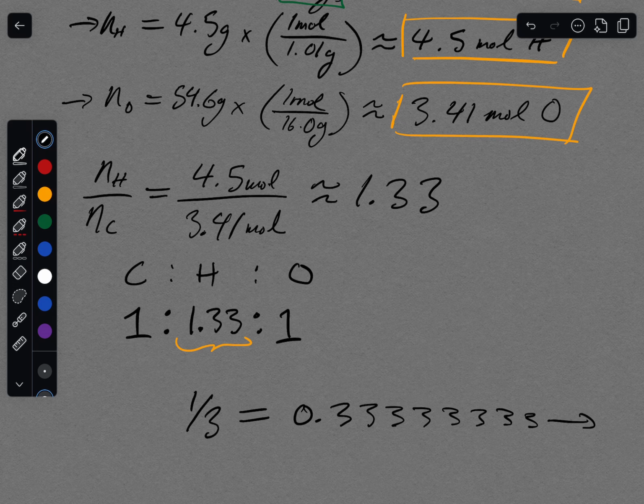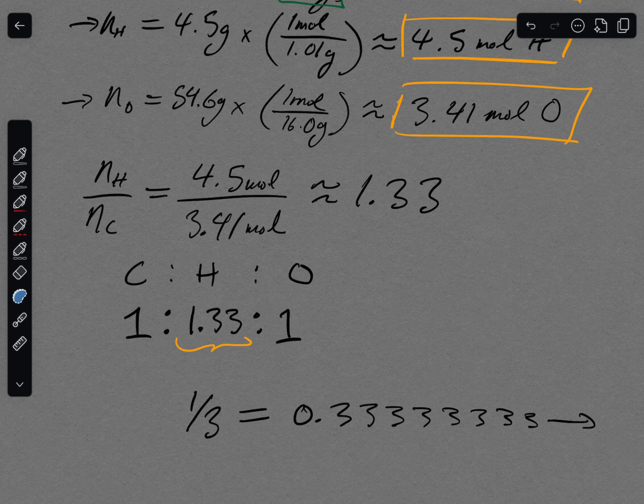So when you see something like this, you can think, oh, well, maybe I can rationalize this number, meaning maybe I can turn this 1.33 into a ratio of whole numbers.